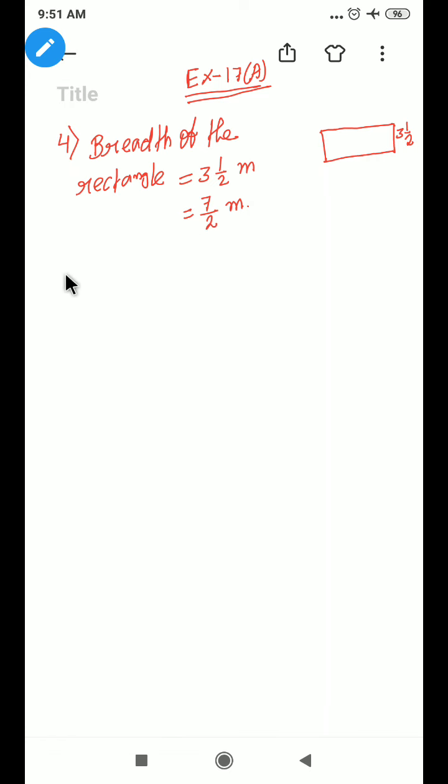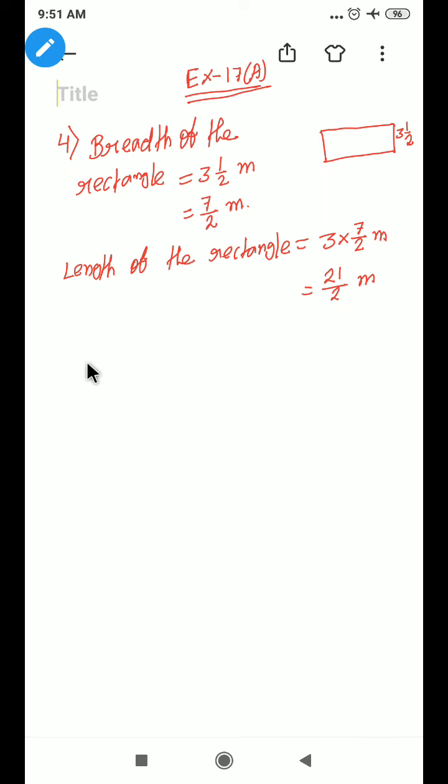That means the length of the rectangle is equal to 3 times its breadth. It will be 21 by 2 meter.